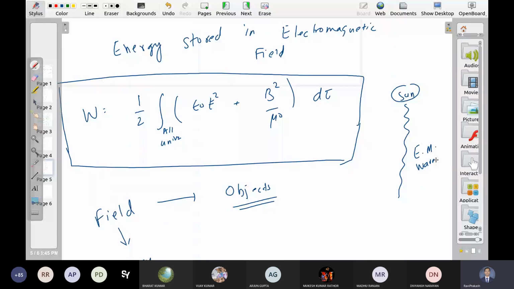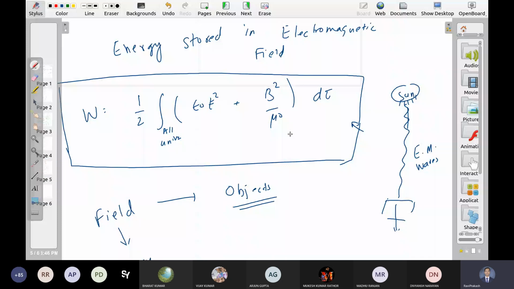How much energy is being transported on earth per second? एक यूनिट क्रॉस सेक्शनल एरिया से एक सेकंड में कितना एनर्जी आ रहा है, कैसे पता करेंगे आप? इस फॉर्मूला से. This formula will help you. कैसे हेल्प करेगा? This tells you how much energy is there in the electromagnetic field, right? सो किसी एक क्रॉस सेक्शनल एरिया से कितना फ्लो हो रहा होगा, this formula can tell you.